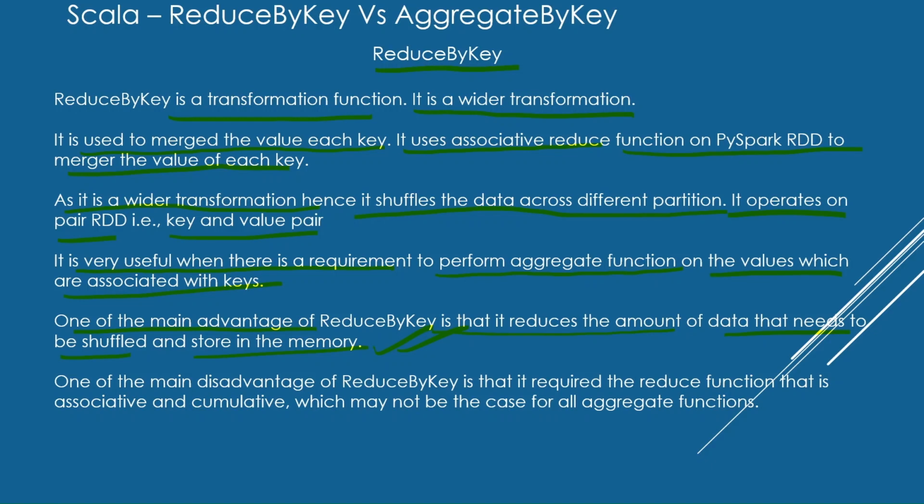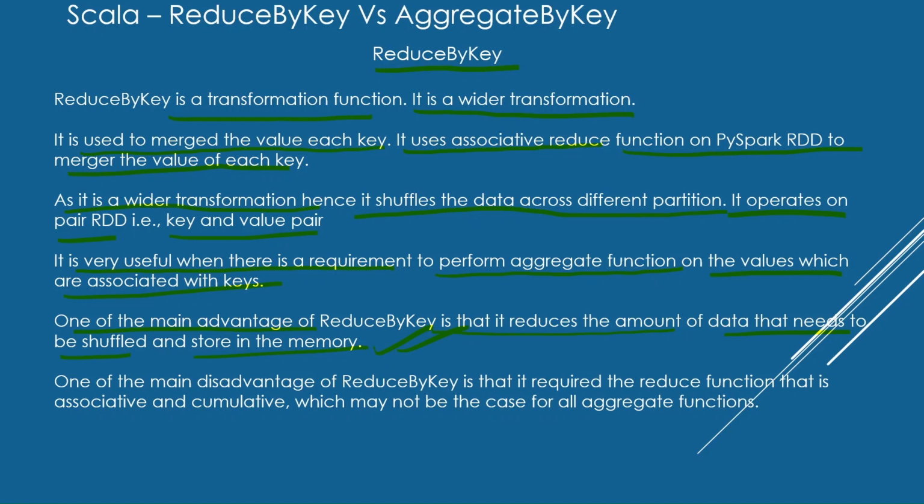So at the first stage, when the aggregation is happening within the same partition, the amount of data is reduced drastically. Suppose in one partition there are 1000 rows, and in those 1000 rows there are only two unique keys. So the data will be reduced from 1000 to 2 only.